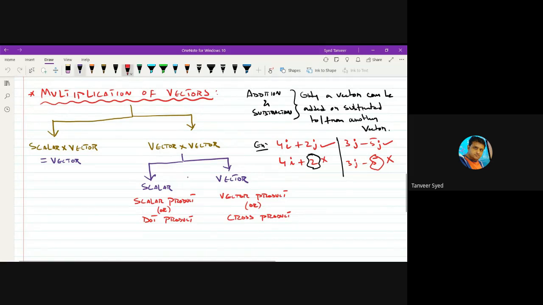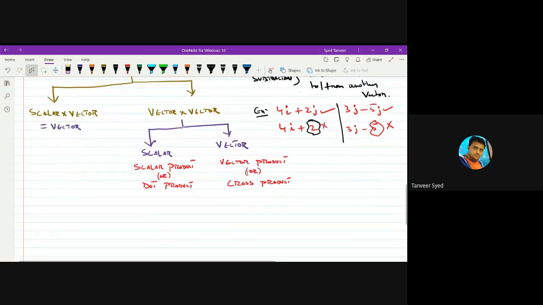First, let us see this thing, which is simple. Multiplication of a vector by a scalar.